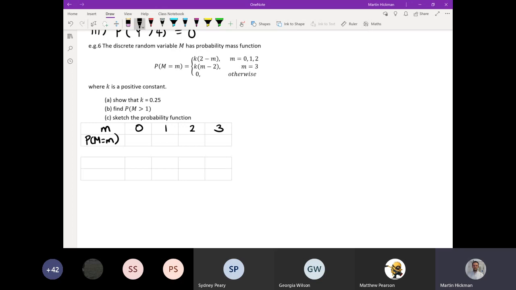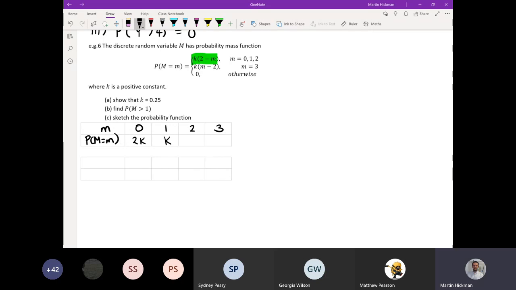Now, when m is 0, I need to sub this in to this top one here that I've just highlighted in green. So when m is 0, we do 2 take away 0, and then we times it by k, so we get 2k. When m is 1, we put it into the top here. We do 2 minus 1 for 1, and then times it by k to get k.